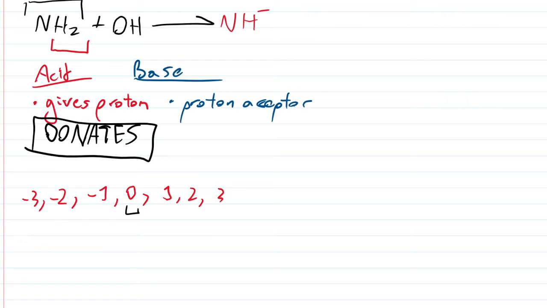Then the result becomes that OH will gain the proton. It's the acceptor, right? It's going to go over here. So you can draw an arrow like this. One of these hydrogens is going to go there. And then that's going to end up in HOH or H2O.